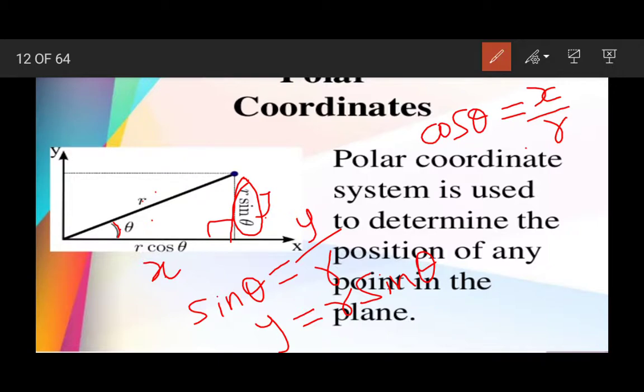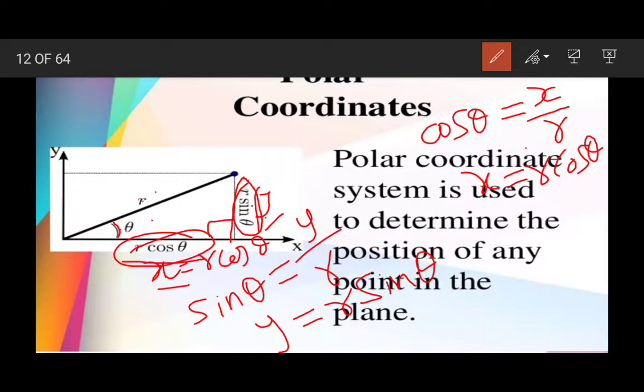From this I get x is equal to r cos theta. So instead of x I write r cos theta, and instead of y I write r sin theta, where r is the distance of the point from the origin, meaning the hypotenuse, and this angle is theta.